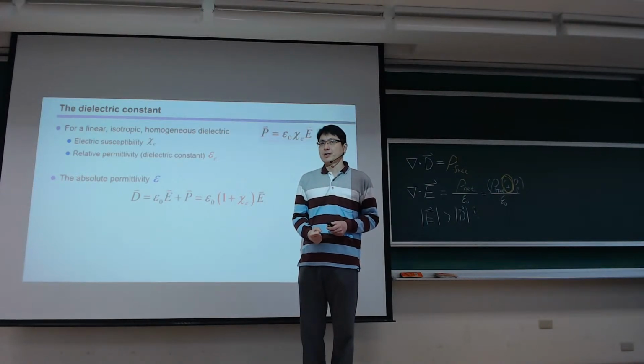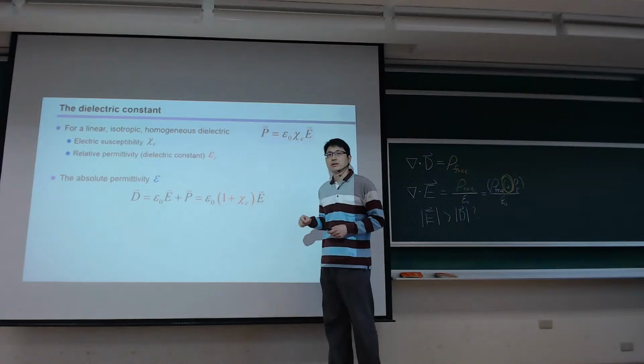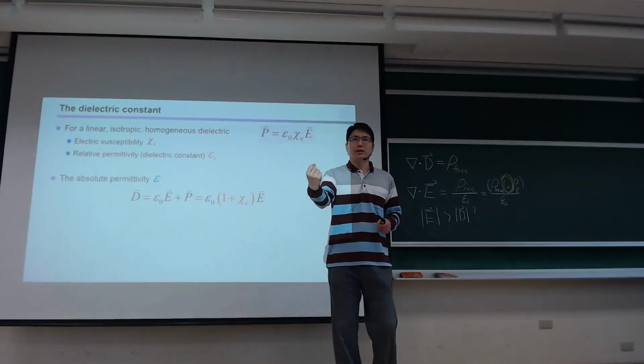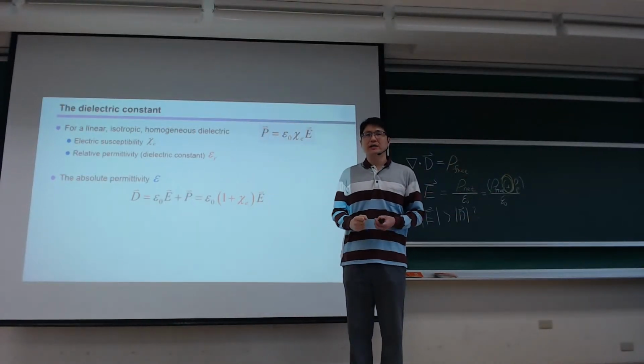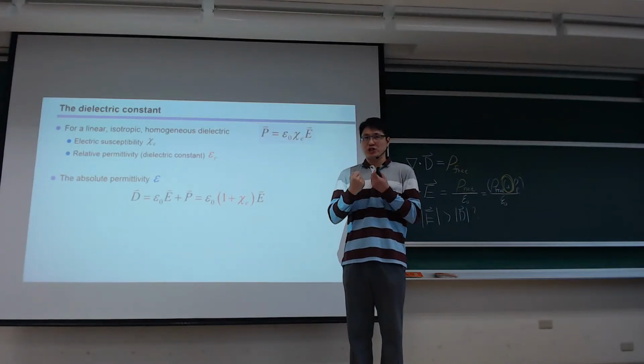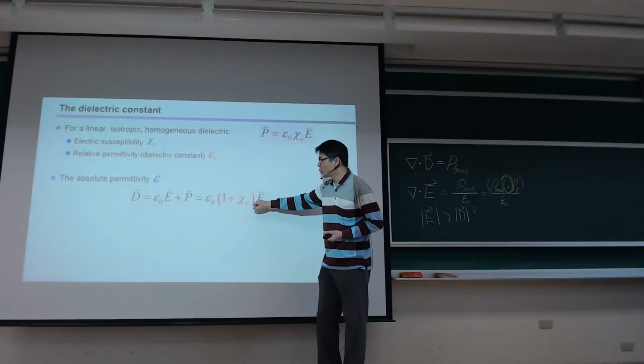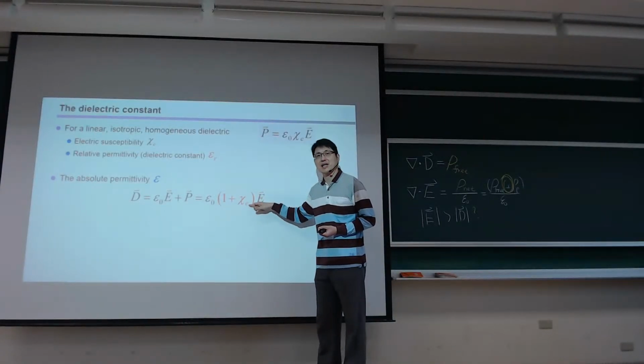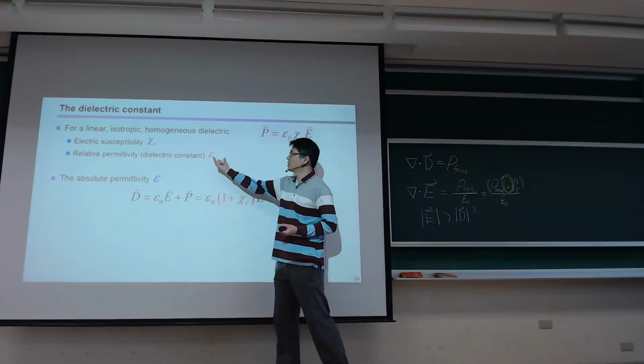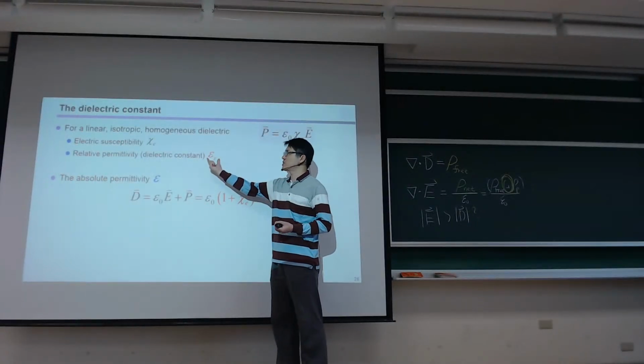Right? So this is very easy. For any given material, somebody measured its capability of generating induced electric dipoles, and that is quantified by this chi E value. Or together, 1 plus chi E is this relative permittivity.